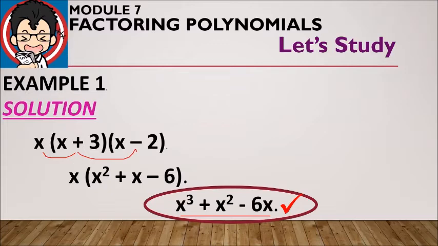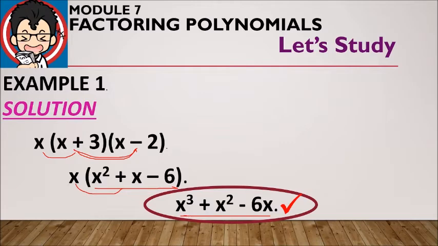So, ayan guys. The next part is to validate the result by simply multiplying the factors. Okay? Now, turns out that the given factors when multiplied together, halimbawa, we multiply these two, lalabas na sagot, then this one, multiply natin dito, turns out that the given factors when multiplied resulted to the original polynomial.